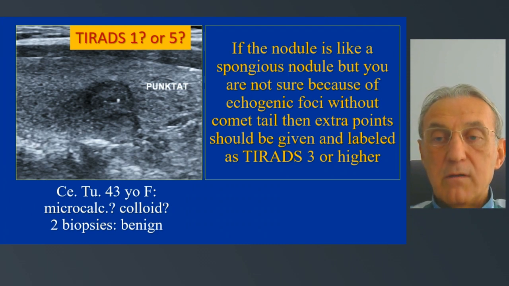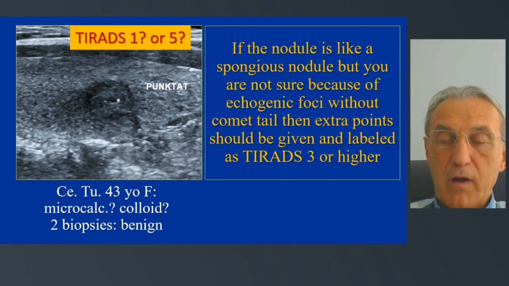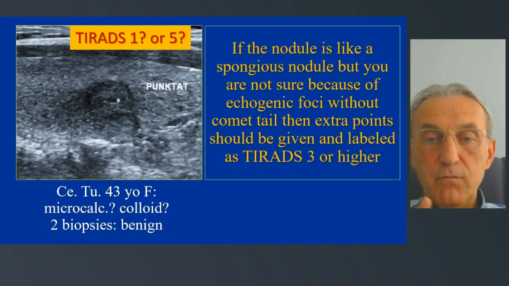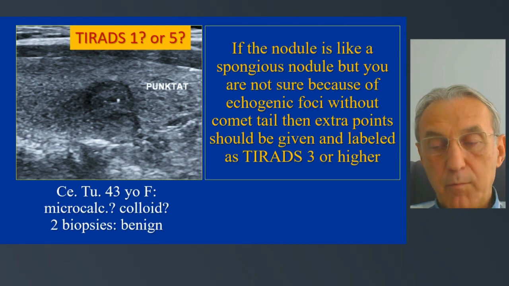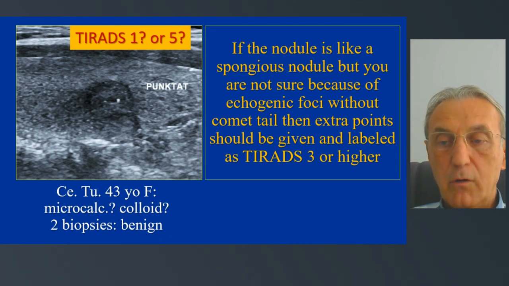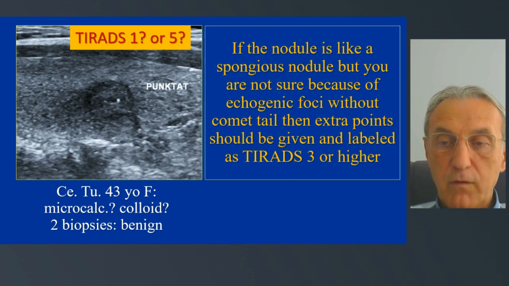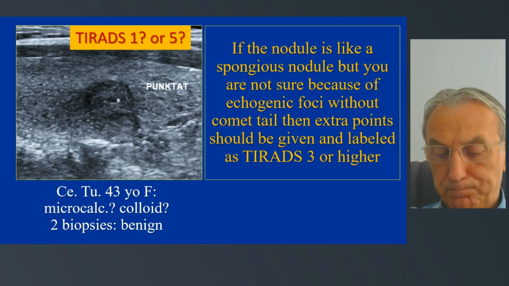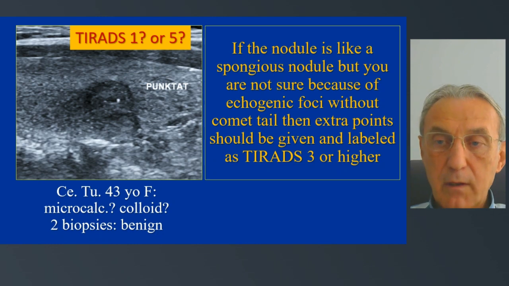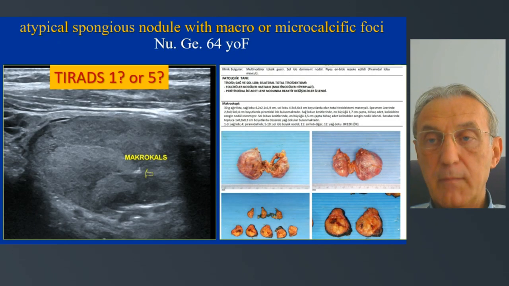This is another similar case. There are punctate echoes. We are not sure if this is microcalcification, but we have to give 3 points. So the contours are irregular. So this nodule in the 43 years old female seems to be then suspicious and should be biopsied.